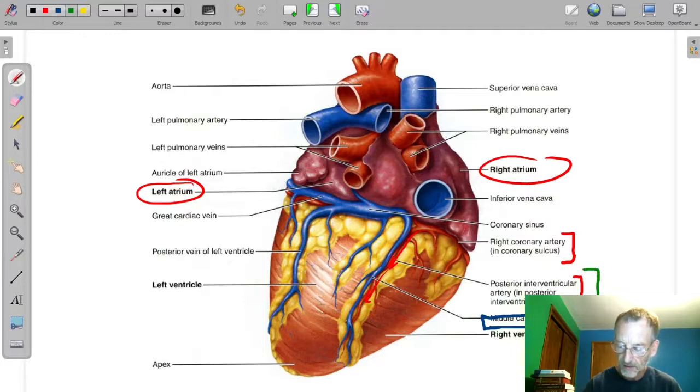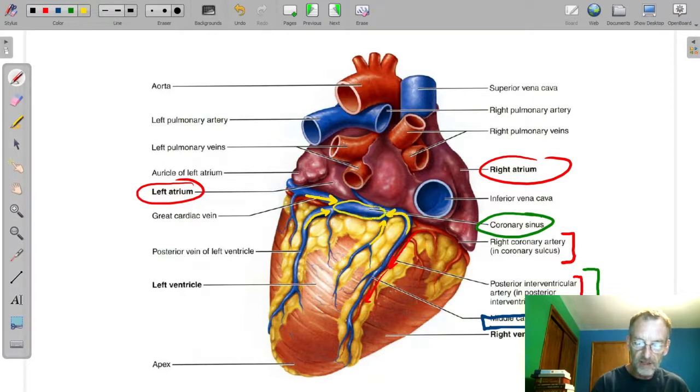I think it's easier that way. Okay? Now, all of those veins are going to drain ultimately into the coronary sinus. So all of the blue veins are draining in this direction, and they all pool into this coronary sinus. And you know where the blood flows from there. It goes into the right atrium.